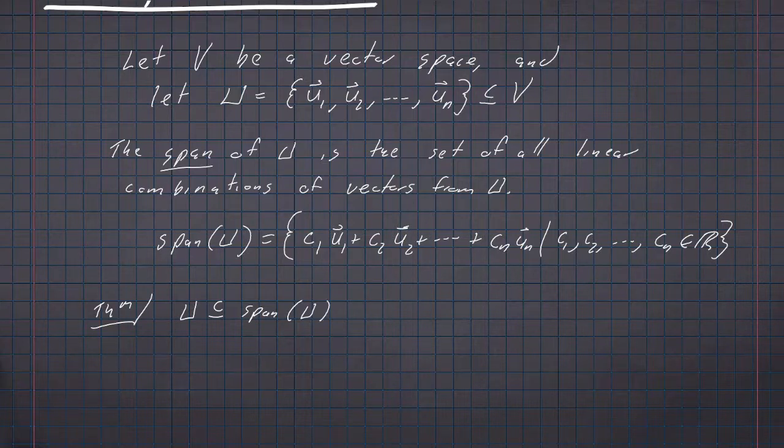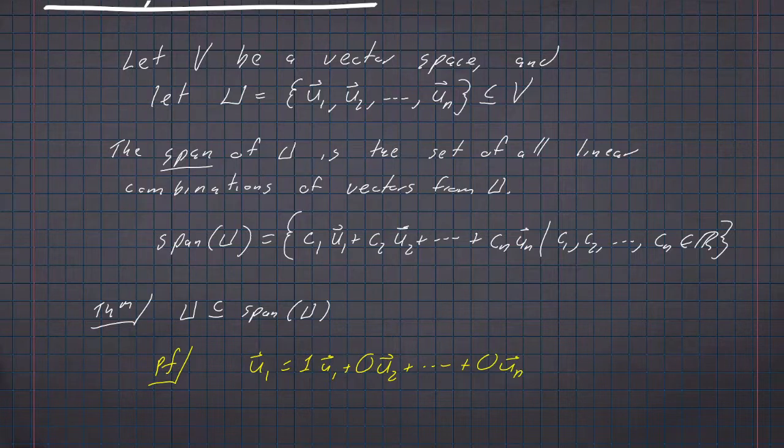I've got a couple of theorems I want to prove on this span, this odd-looking set. The first one is that the original set of vectors U is a subset of the span of U. And the proof there is actually fairly straightforward.